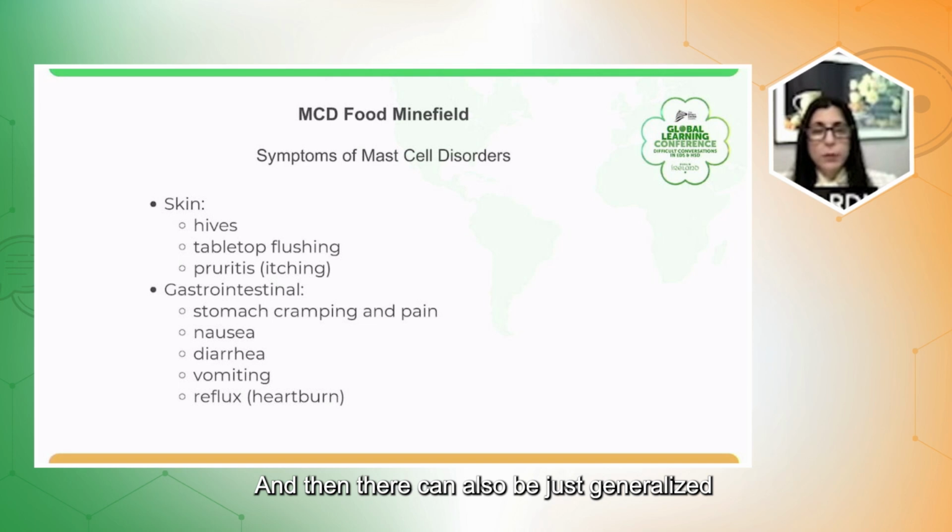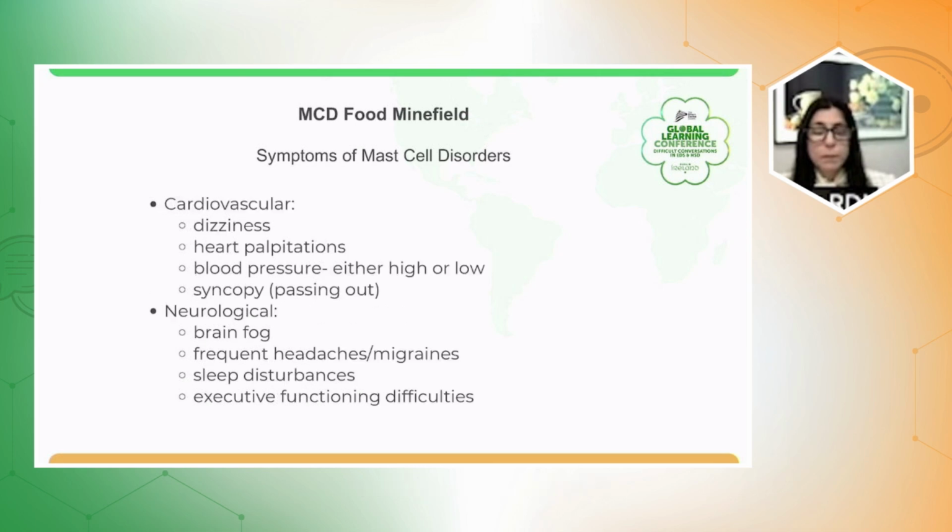And then there can also be just generalized rashes that cause pruritus or itching of the skin, and that can be anywhere. There are gastrointestinal symptoms: stomach cramping, stomach pain, nausea, diarrhea, vomiting, reflux, heartburn.